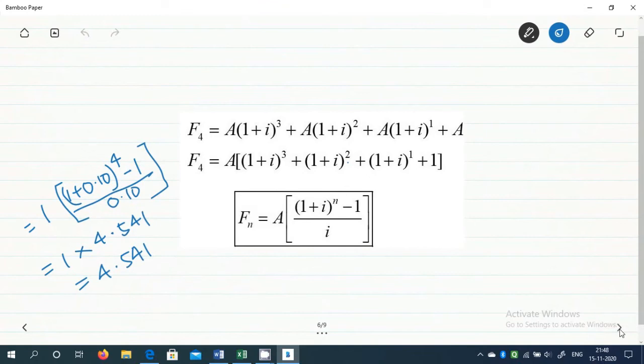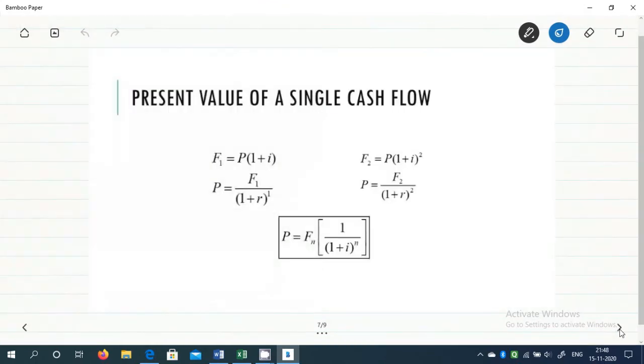Now we'll see the present value of a single cash flow. The future value 1 is P into 1 plus I, and future value 2 is equal to P into 1 plus I to the power 2.